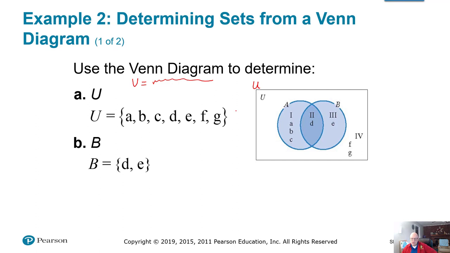Oops. Okay, I'm mistaken. Well, they didn't explain it too well. So let's go back a second and see if we can clear things up. This is the name of set A. This right here represents the region around A, B, and C. Region 2 is the name of the region that has D in it.